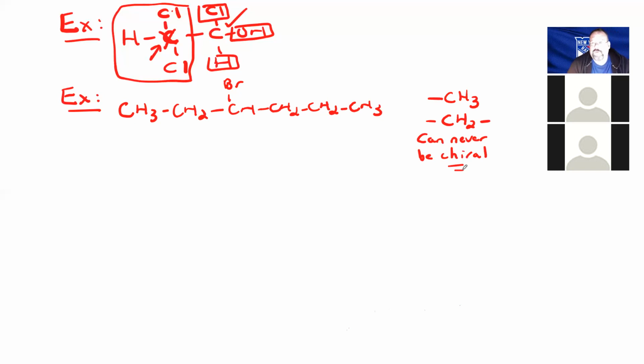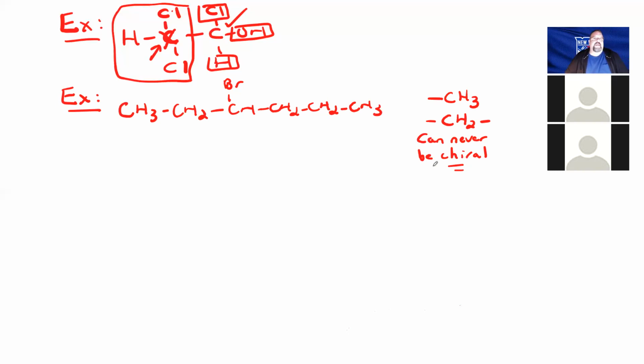If your carbon is a CH3, that means you have 3 hydrogens attached to that carbon. So that can't be 4 different atoms or groups of atoms. So CH3s, those carbons are never chiral. Along similar lines, CH2s can never be chiral because 2 of the things attached to the carbon would be hydrogens. So that can't be 4 different atoms or groups of atoms.